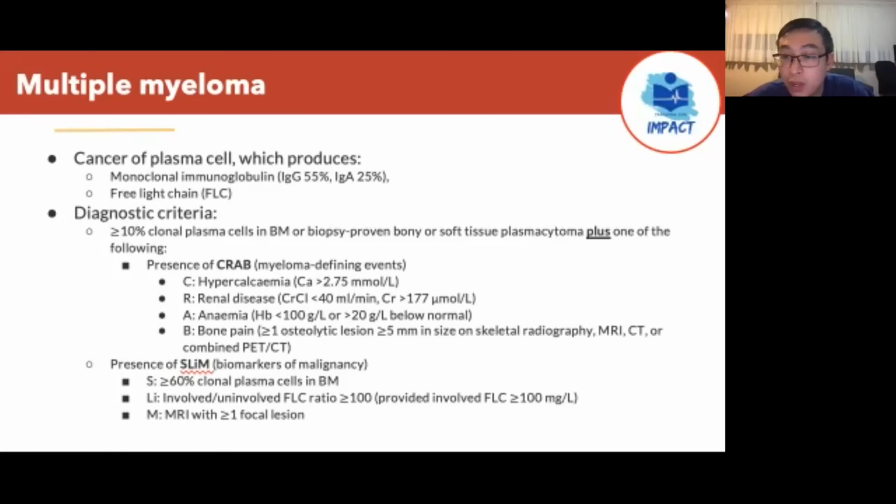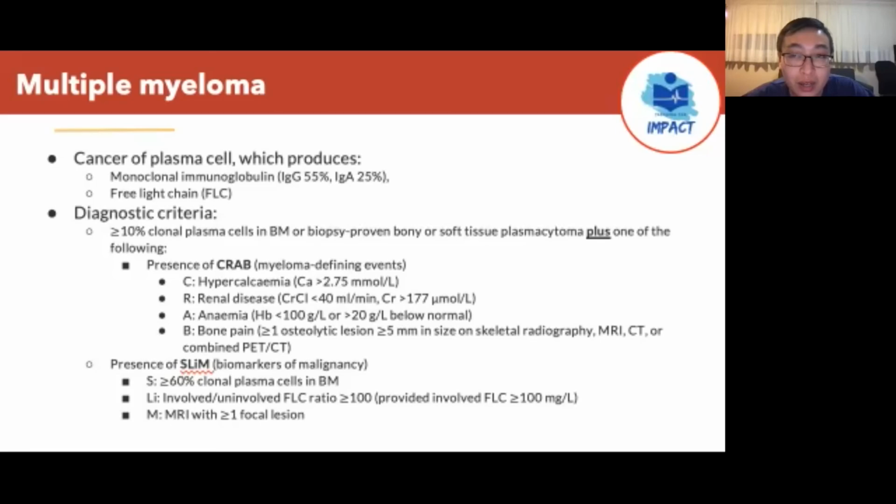And the normal range is between 0.26 and 1.65, and anything outside of the range is abnormal and is suspicious for multiple myeloma. If you ever see serum-free light chain assays being ordered on patients suspected to have multiple myeloma, from experience, this is usually patients with renal failure of unclear etiology that also present with elevated ESR.